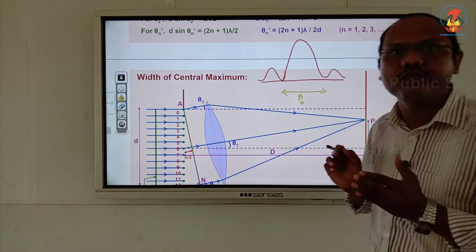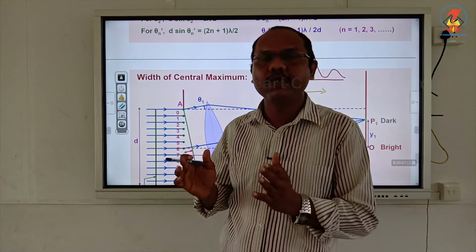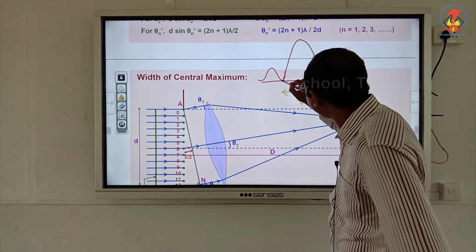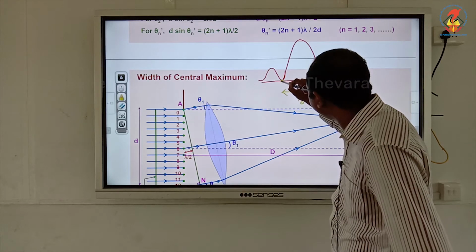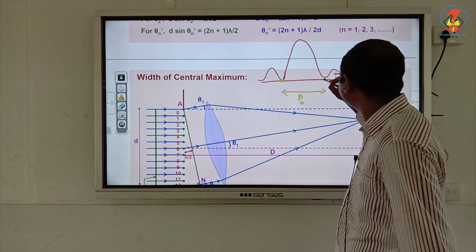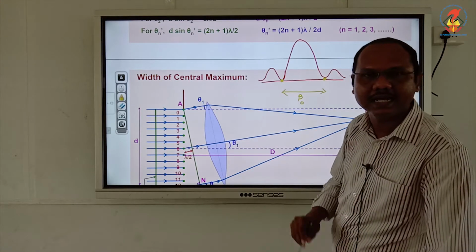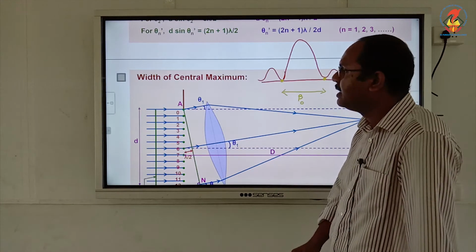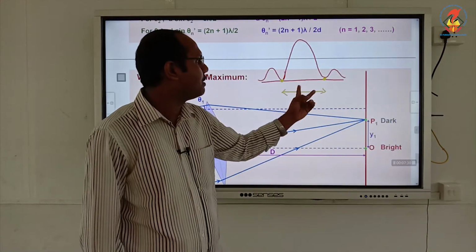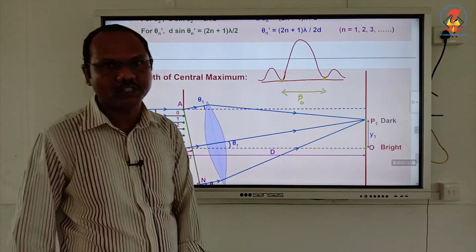From where to where I marked? I marked from the minima. See, this first minima on one side to the first minima on the other side. That is why I told distance between the first minima on both sides of the central maxima is called fringe width.